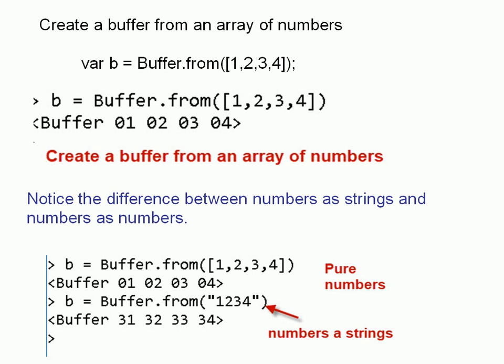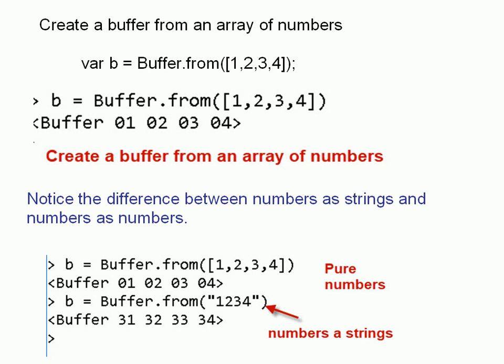When you type onto a keyboard, you're typing in characters, and those characters get stored on the computer using an encoding, normally ASCII or UTF-8, and we'll look at that in a minute on character encoding. But this is the buffer again, created from an array of numbers. It's treating these as numbers rather than characters, so it's doing the conversion, and it stores them as 1, 2, 3, 4. So 0001, 0010, etc. if it was in binary.